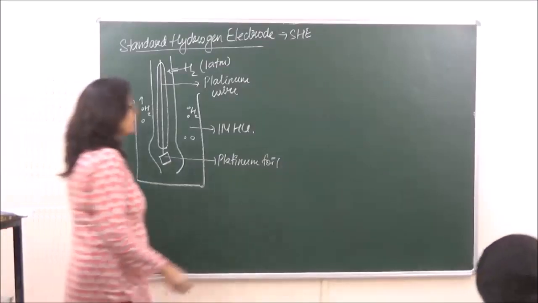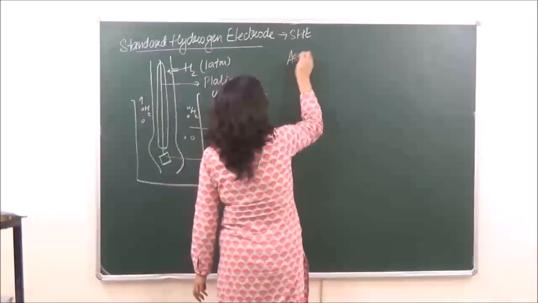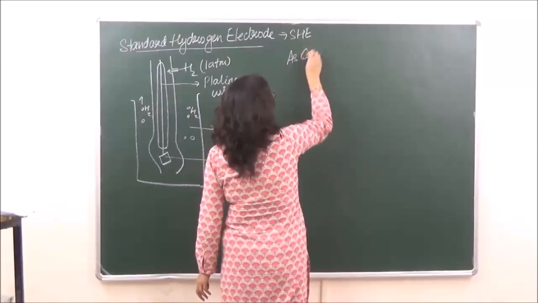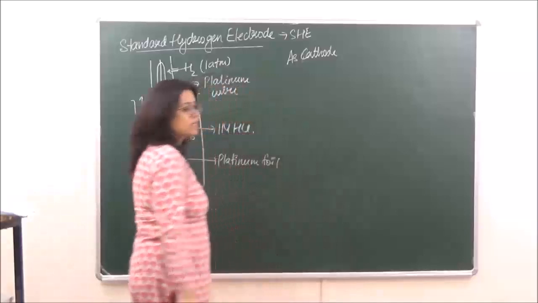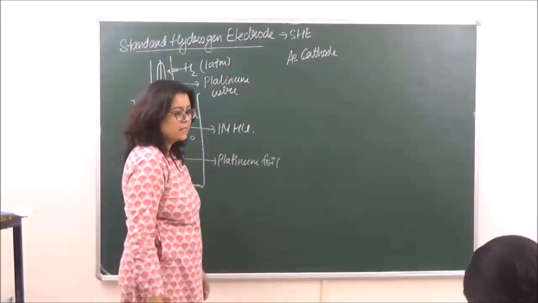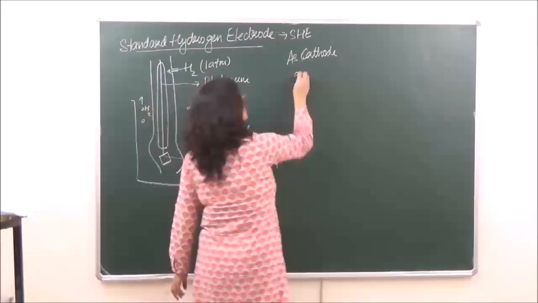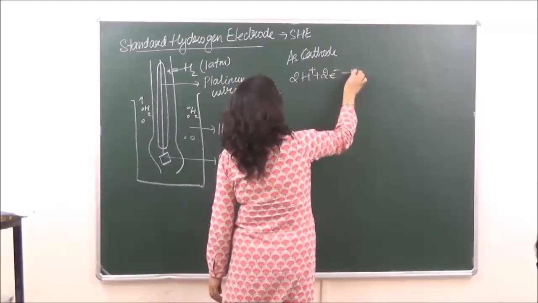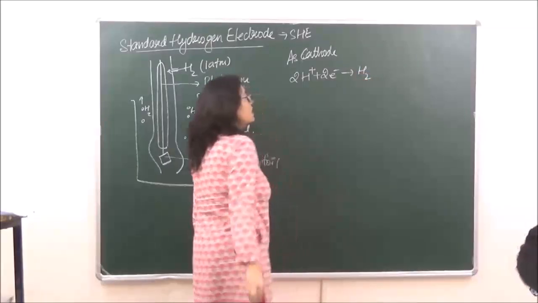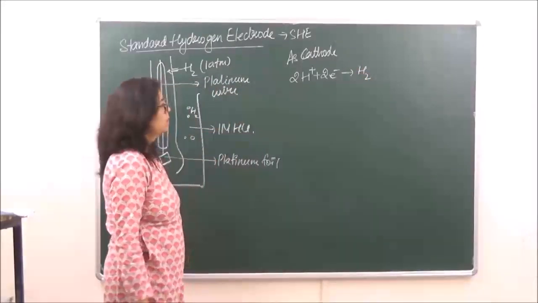Okay, so if we are taking this as cathode, we know that at cathode always reduction is going to take place. Okay, so 2H positive plus 2 electrons gives us H2, right?